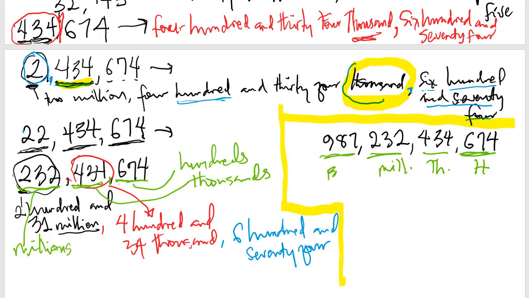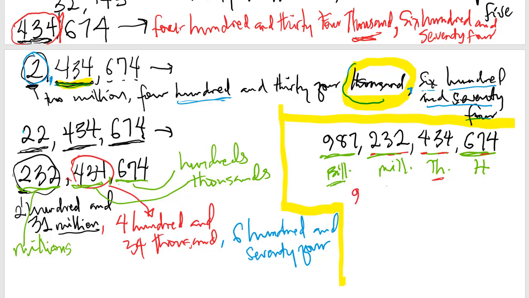this is billions. Okay, so to say this number, you say 900. Remember, because there are three of them, you say 987 billion. Okay, 987 billion, 232 million, 434,674. Okay, you don't say 67400. It's okay, just say 674.